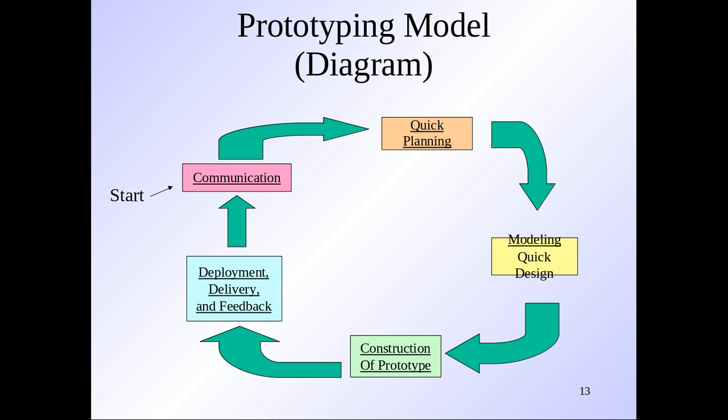It includes the clear input-output format and human-machine interface. So that is part of your quick modeling. Now, what is quick design? The model of the software that is built gives a clear idea of the software. It enables the developer to better understand the exact requirements.